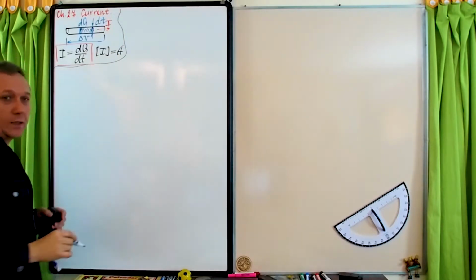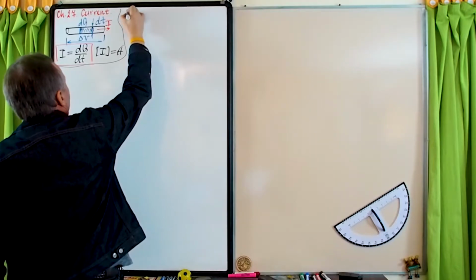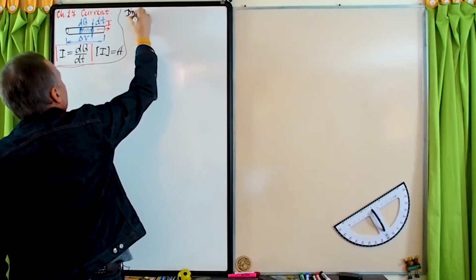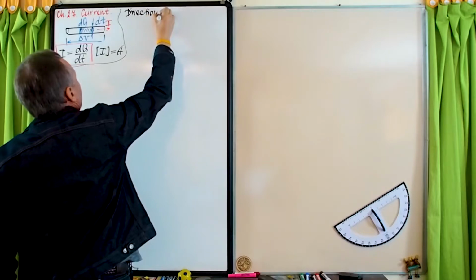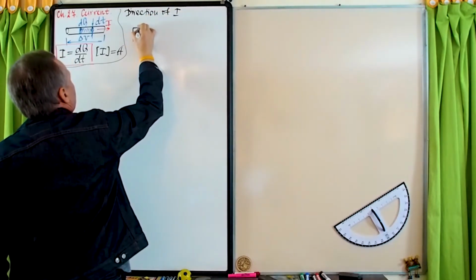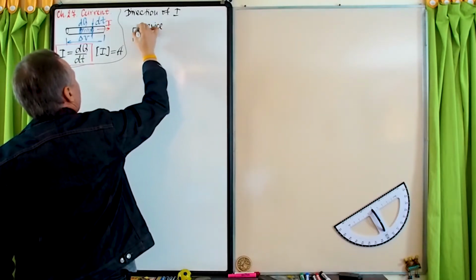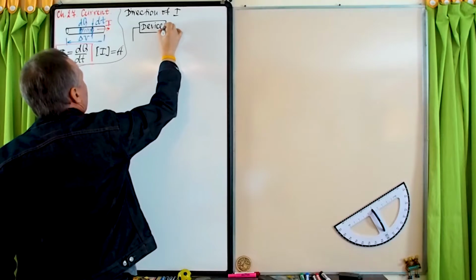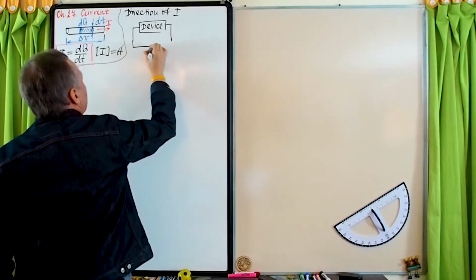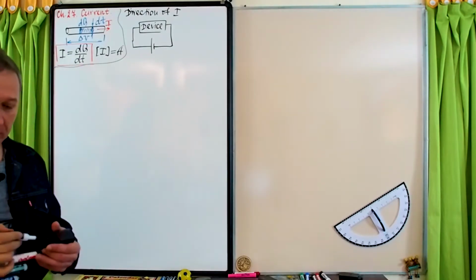And now direction of current. Direction of I. Okay, if you have, for example, some arbitrary circuit, completely arbitrary. Let's say you have some device which is connected to a battery.